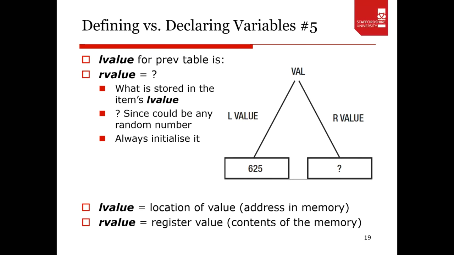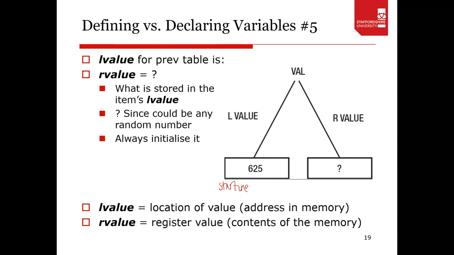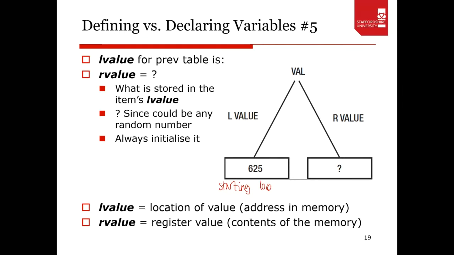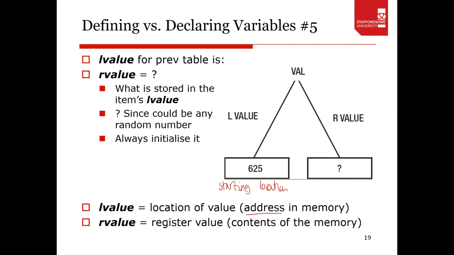From the previous table, the L value is what is stored in the items. This is where it is in memory. So the L value is the starting address or location or address. The R value is the contents.